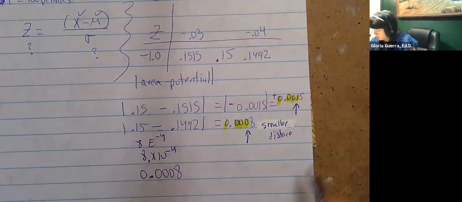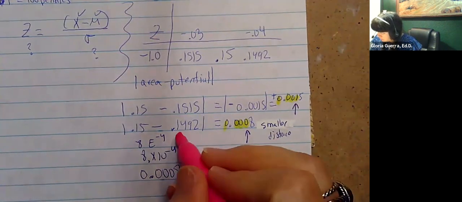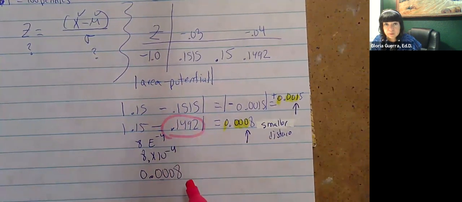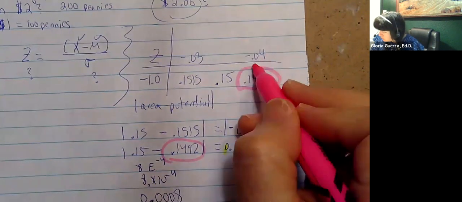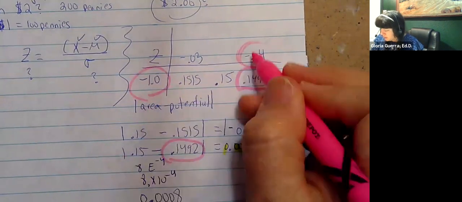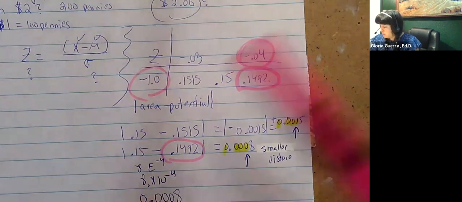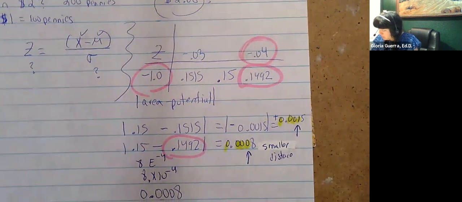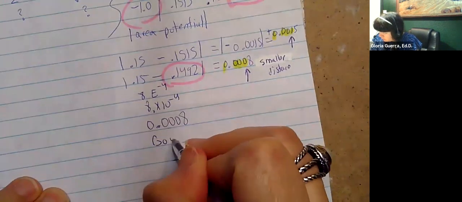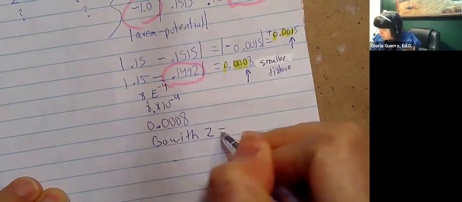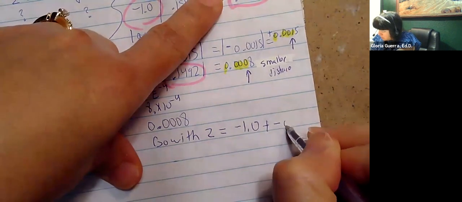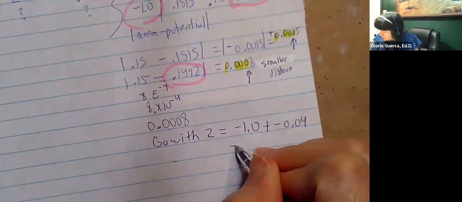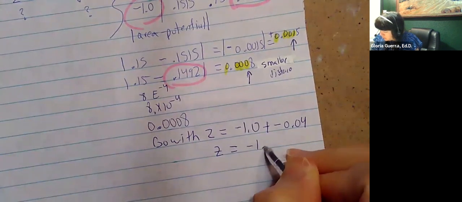So we are interested in this one because it's the smaller distance. You backtrack to the 1492 here, and then you backtrack to that relevant Z. That's the Z you want to go with. You want to go with the Z that gives you negative 1.0 plus that negative 0.04, which means Z is negative 1.04.